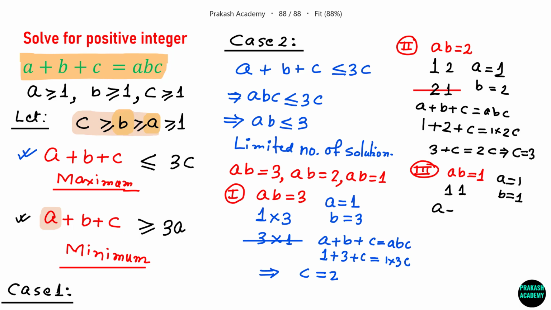Let us find C using the equation A plus B plus C equals ABC. So A plus B is 2, and 2 plus C equals C, which is not possible. We cannot have 2 plus C equals C. So this means no solution in this case.